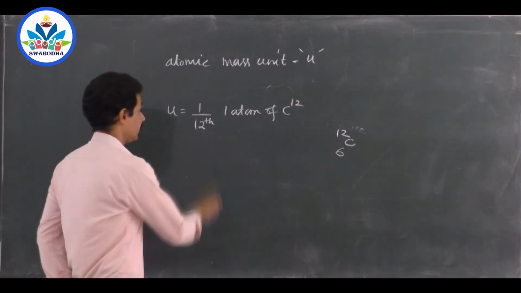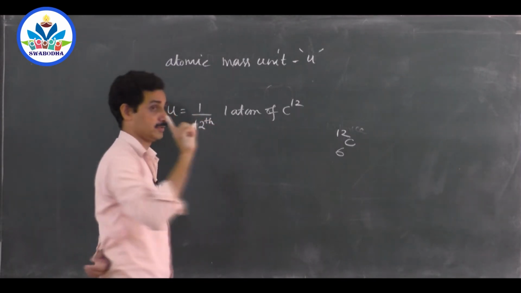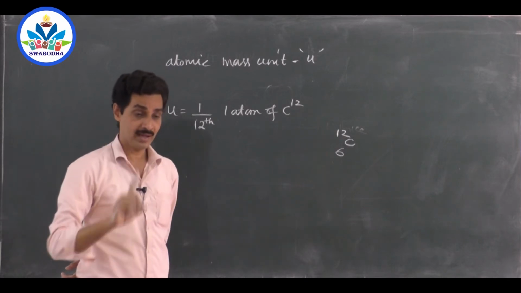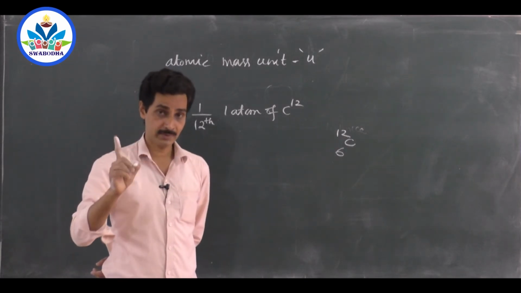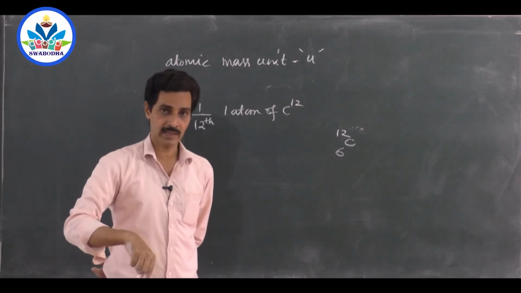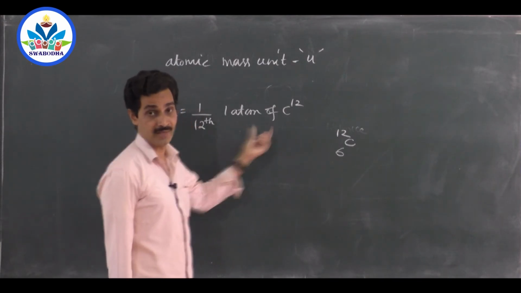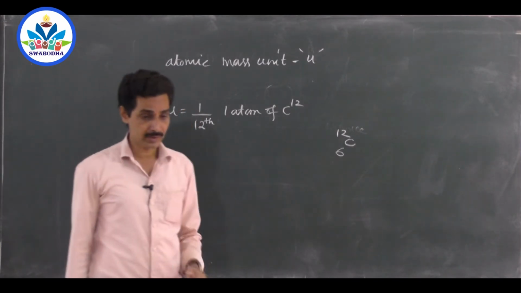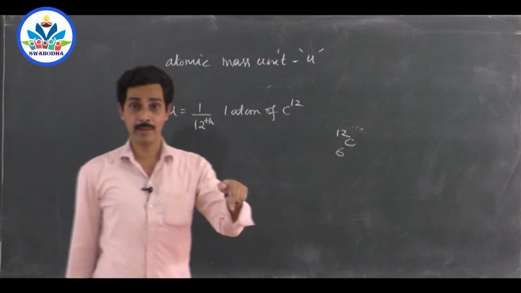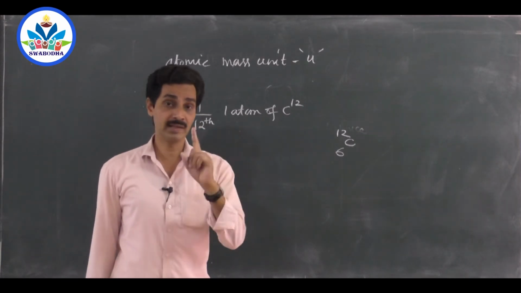You want to find out 1 by 12th of the mass of one atom of carbon 12, right? You want to find out the mass of one carbon 12 atom and divide it by 12, correct? So first of all, you get the mass of one carbon 12 atom, then divide it by 12. So what is the mass of one carbon 12 atom? We know 12 gram, but 12 gram is not the mass of one carbon 12 atom.